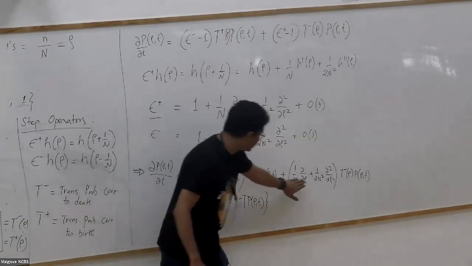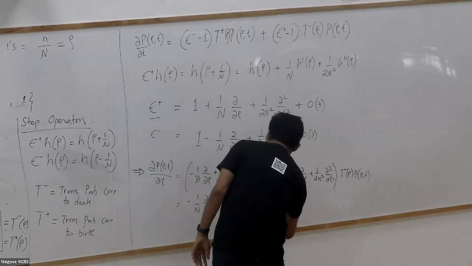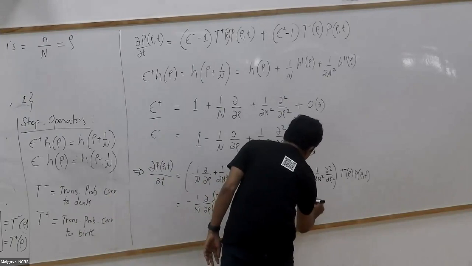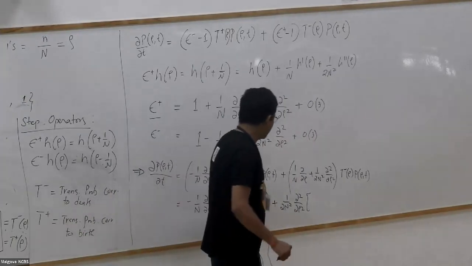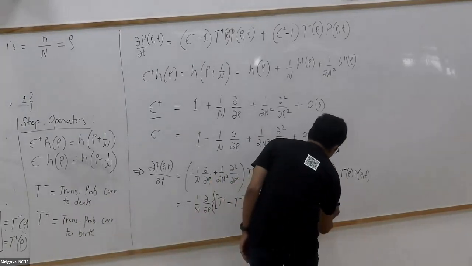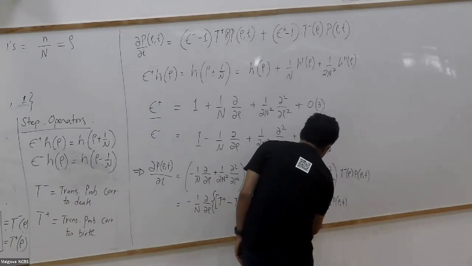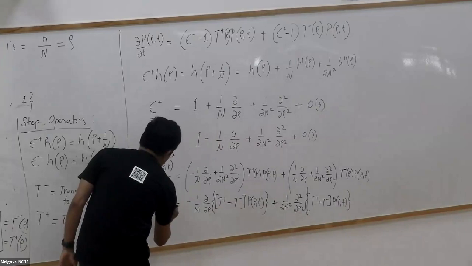Is this clear? I have taken these terms and put them together. And then I will take the second term now, 1 over 2n square, second derivative. Now what happens? It's a plus term, so t plus and t minus are getting added, and they're multiplied by this. And the second derivative acts on the entire thing.